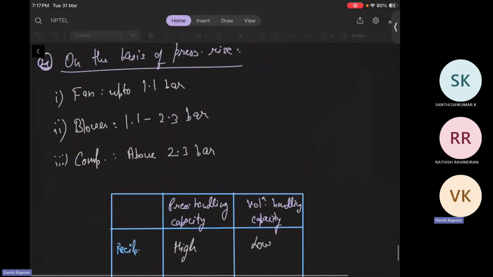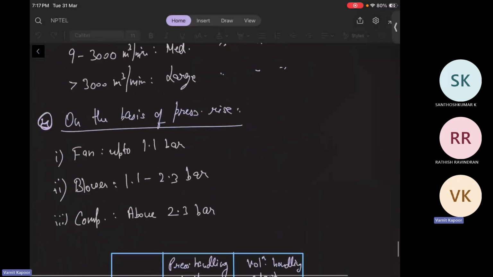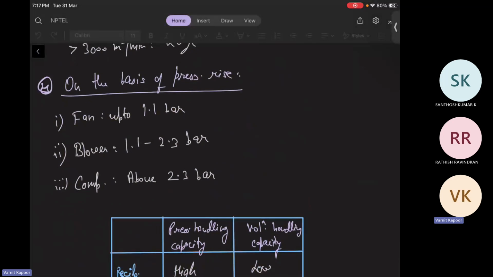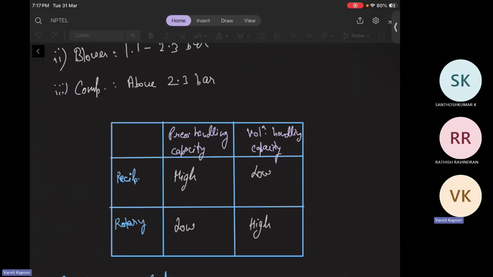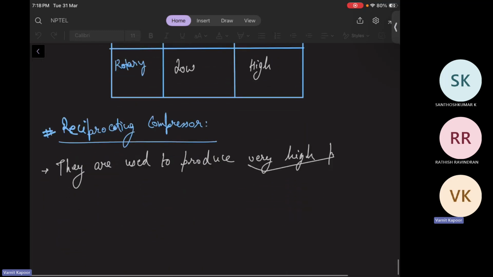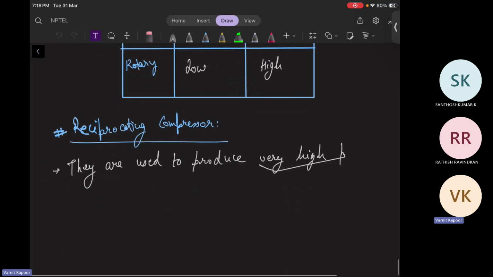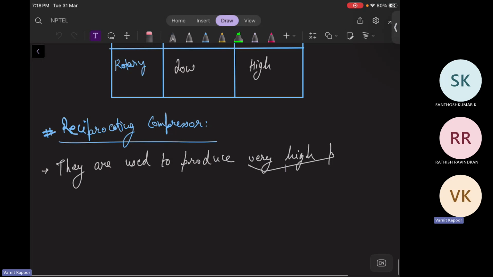So I was telling in the last, on the basis of pressure, fan, blower, and compressor, and for reciprocating and rotary: reciprocating have a high pressure handling capacity and low volumetric handling capacity, whereas rotary has low pressure handling capacity and high volumetric handling capacity. Okay. So I was talking about the reciprocating compressors.